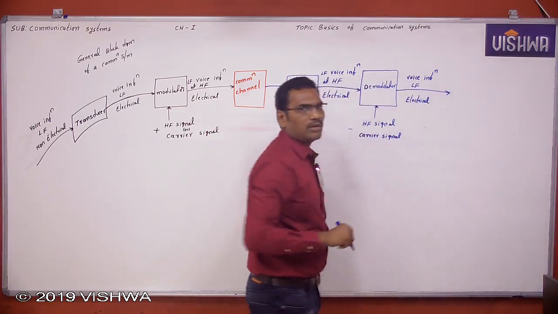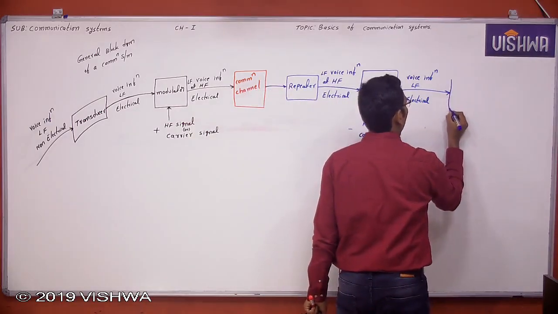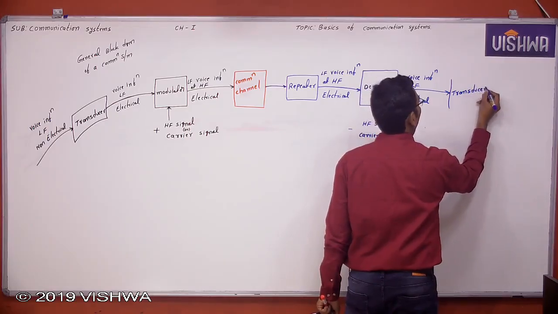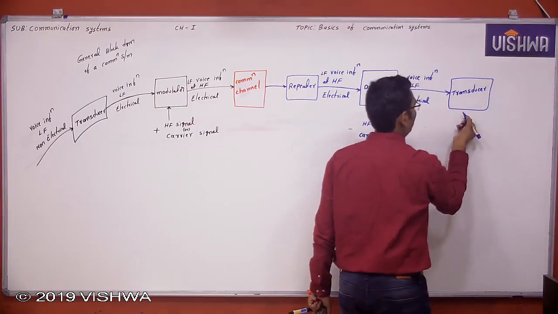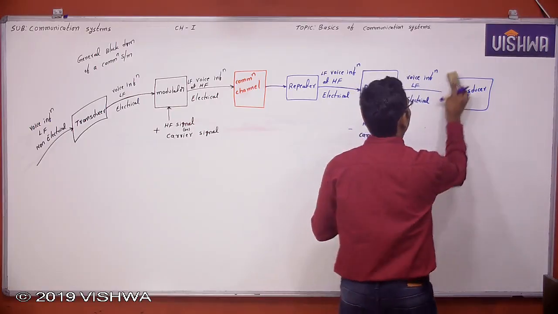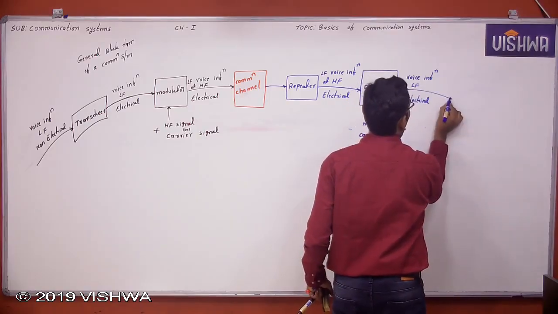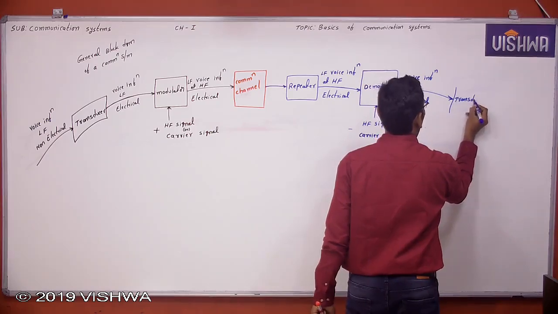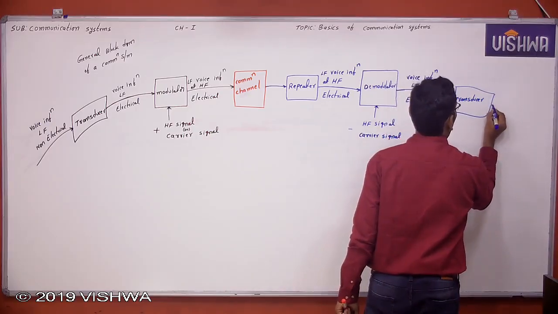But you cannot understand that signal because it is an electrical variation. So again you take the help of a transducer. If you take the help of a transducer, such as a loudspeaker, for example, and the mic is the other example. Now what is the transducer doing?